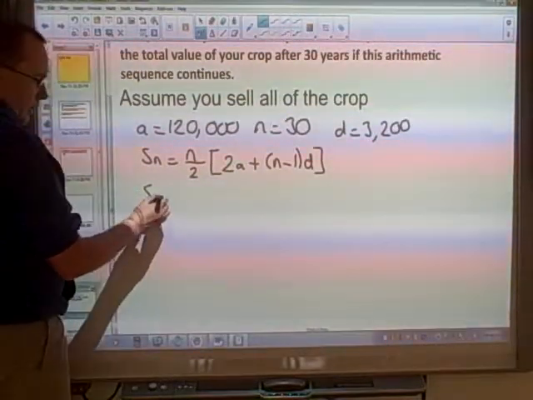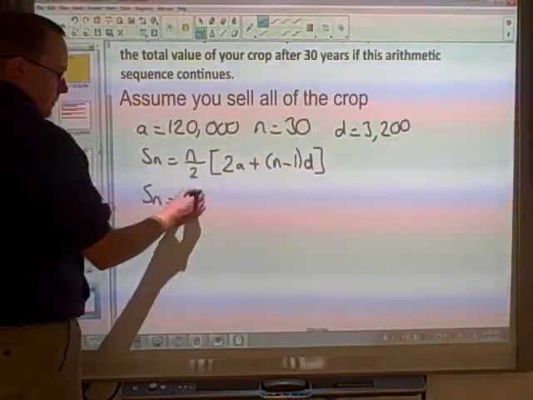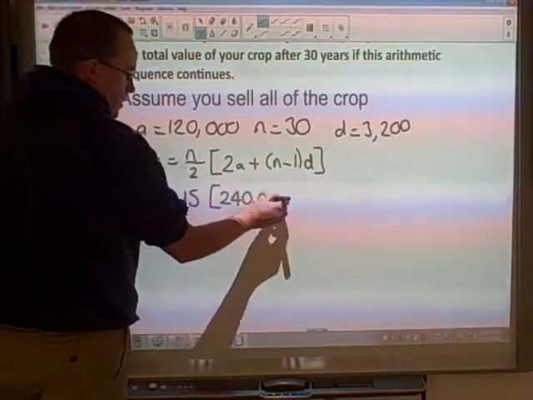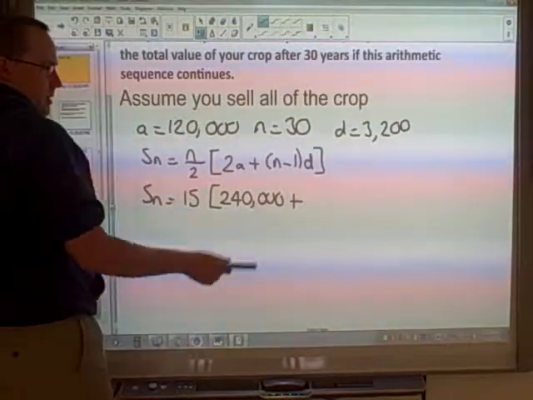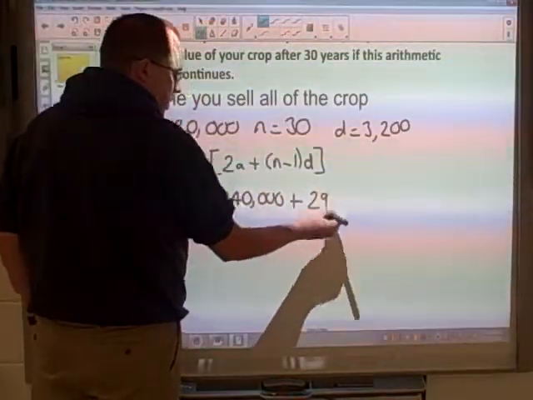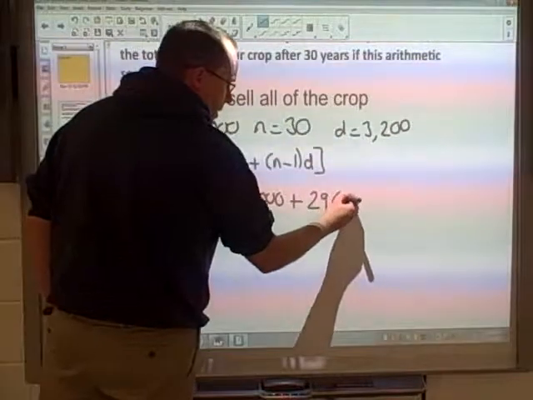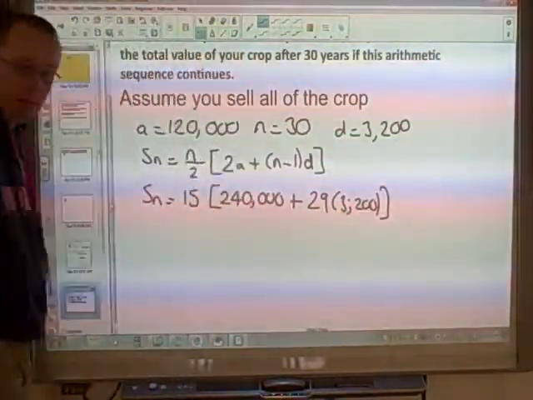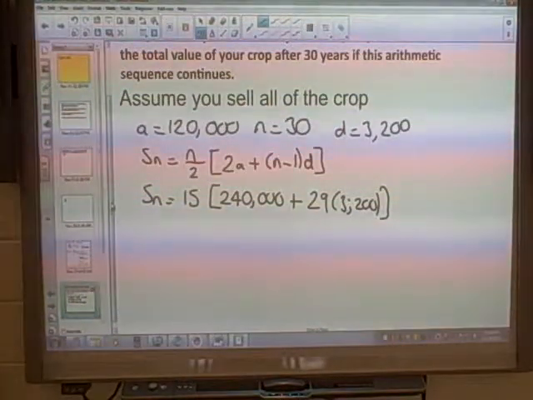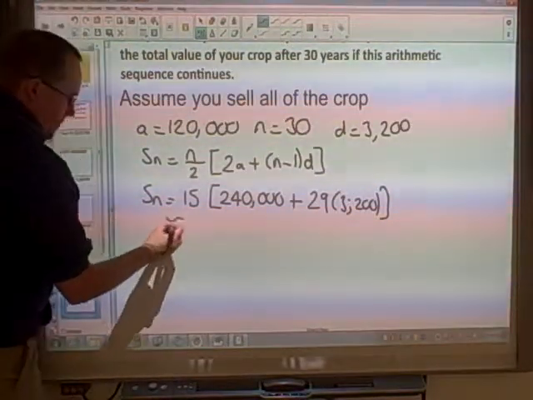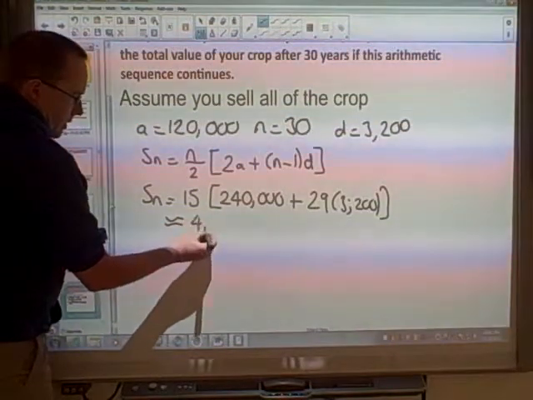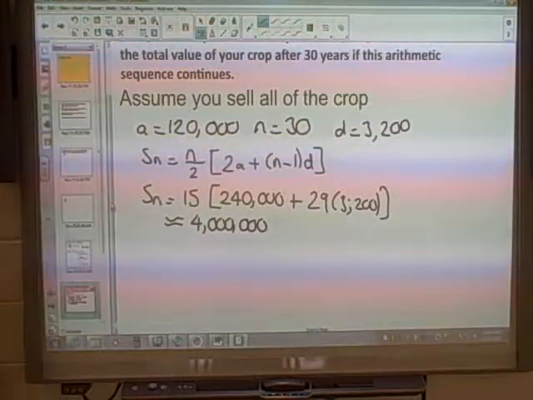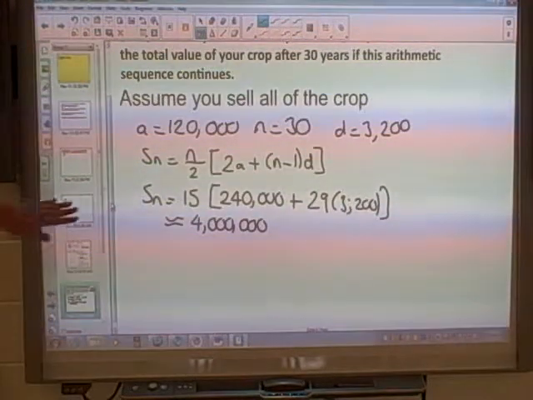So the sum to n terms is 30 over 2, which is 15, times 2 times the first term, so 240,000, plus 30 minus 1, which is 29, times our difference, 3,200. Now I don't have a calculator with me right now, so if you work this out, it's approximately 4 million. If I remember correctly, it's like 3.99 million, so we'll say it's about 4 million.